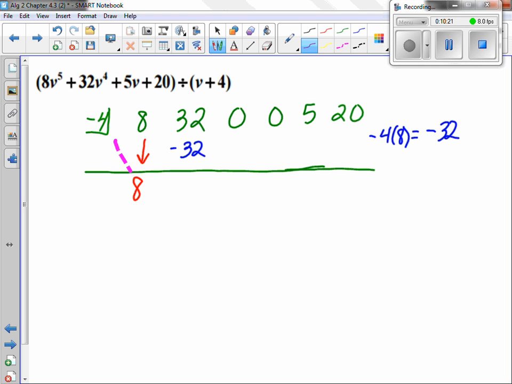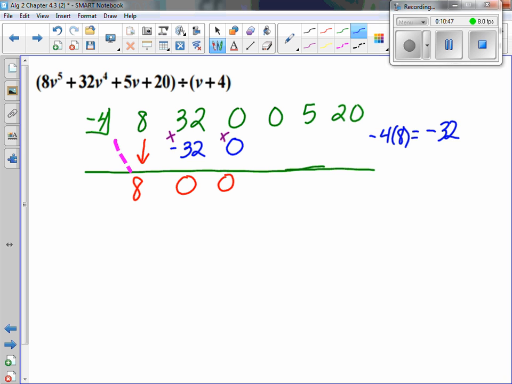Then what do we do? 32 plus negative 32 is? What is negative 4 times 0? 0. 0 plus 0.